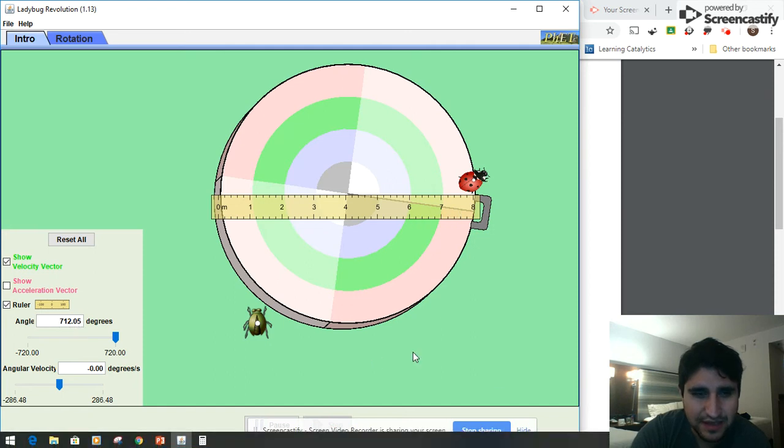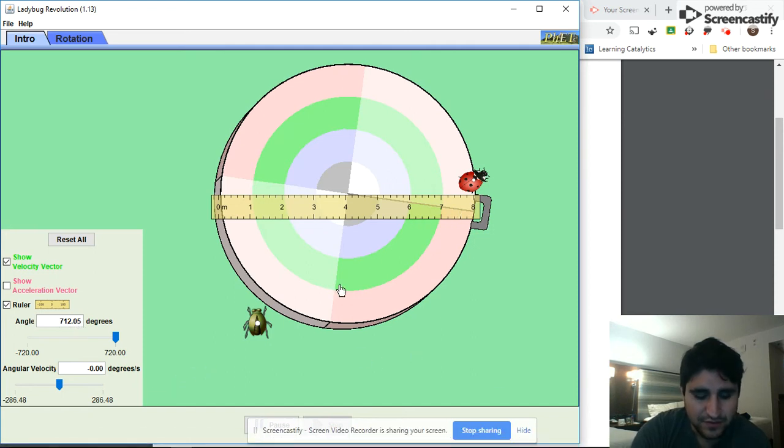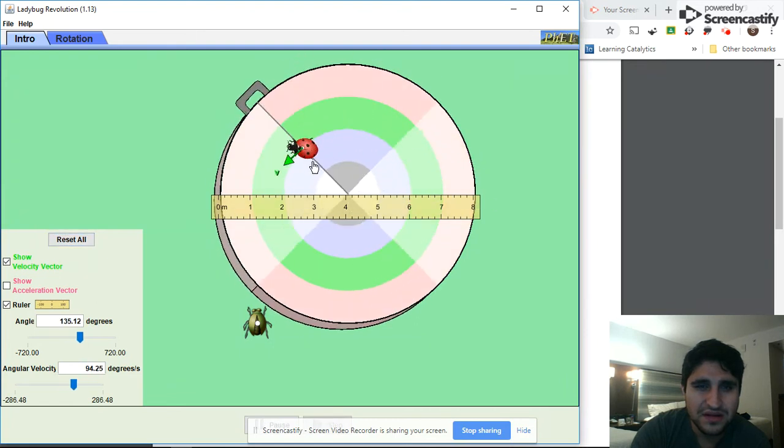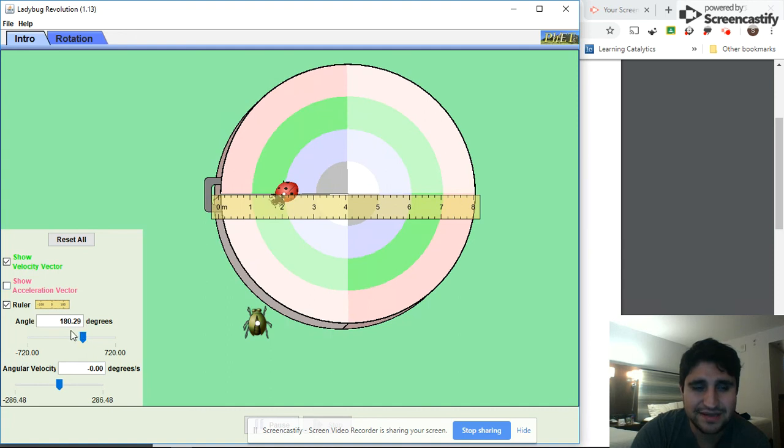And let's look at how that changes. Before, with the linear displacement, the bigger the radius, the farther you went. So I'm going to reset it, and it's at 2. And when it goes all the way over here to the end, it went 180 degrees. That's the angular displacement, how many degrees it went.